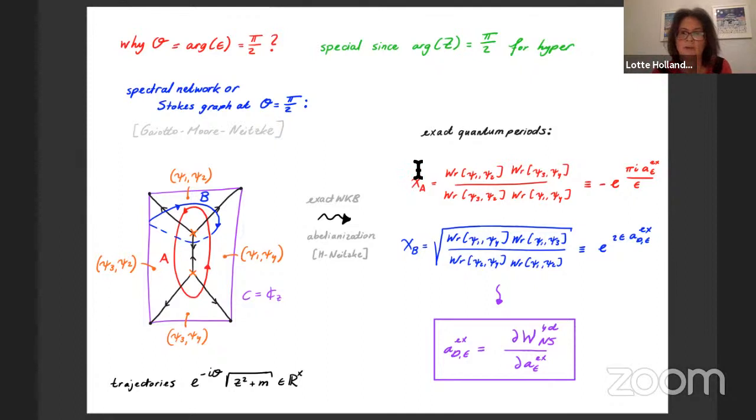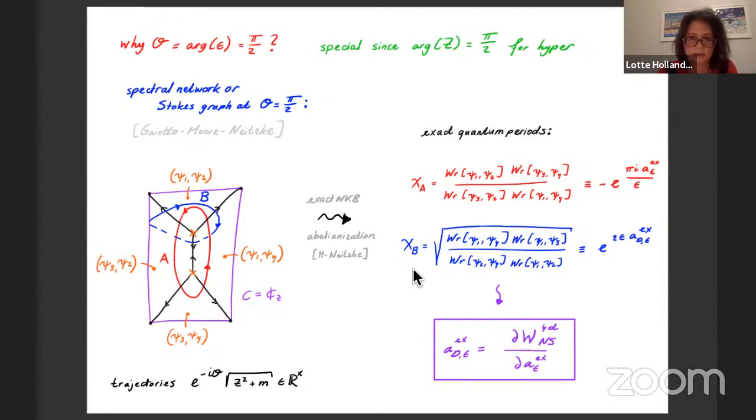So what we get is that one of the exact periods, what I've denoted by XA here, the exponential of the A period, can be written as a ratio of four of these Wronskians, as well as the XB coordinate, the B period.